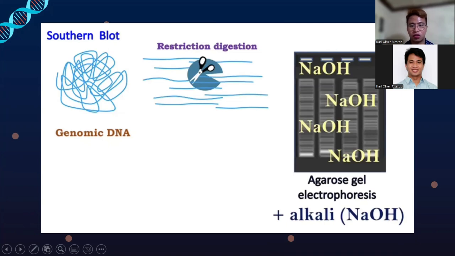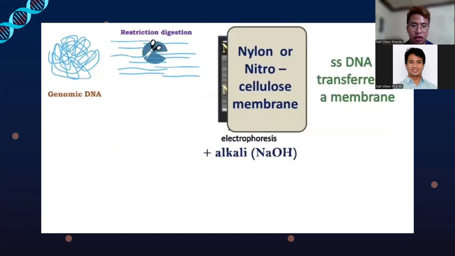So the agarose gel is then treated with an alkali. These are the NaOH, which are bases, what we call the alkali, to separate our double-stranded DNA into single-stranded DNA. Then what happens is that it gets transferred to a membrane by placing the membrane on top.